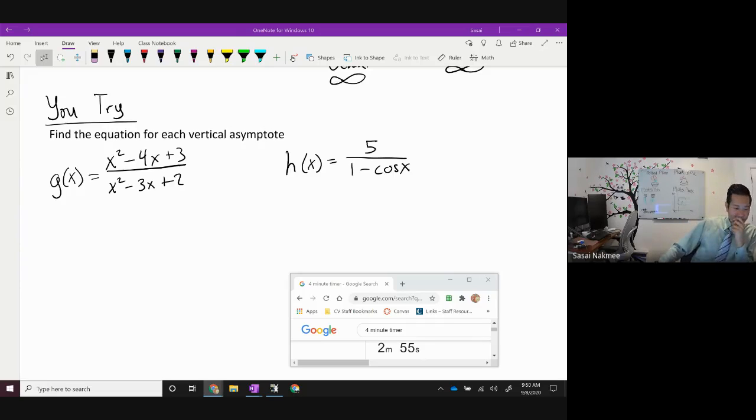You guys are working on that. Wanted to scoot over to the side. I don't know if any of you guys have been appreciating the whiteboard in the background. It changes every day for you guys. Today is potted plant themed.